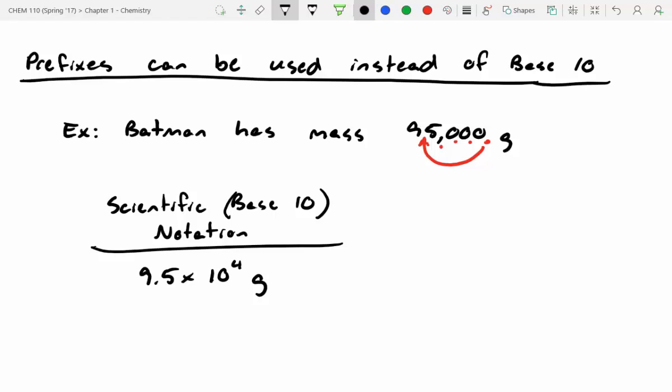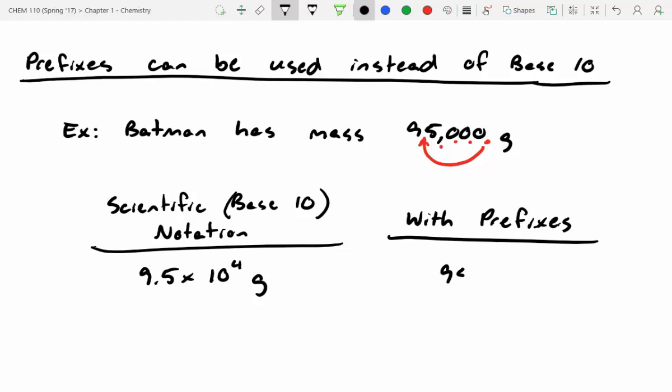All right, let's do it with prefixes. What's the prefix we oftentimes use for mass? Does anybody remember? Kilo, right? So the SI unit was kilo. Kilo is 1,000 grams. So if we look at this, how many kilograms do you think Batman is? 95, right?